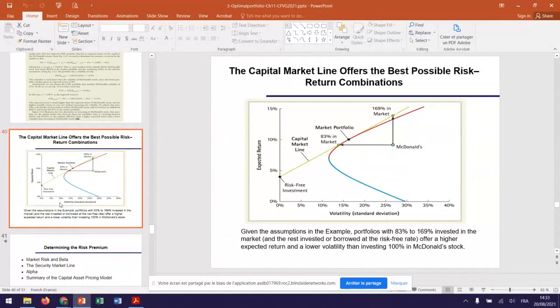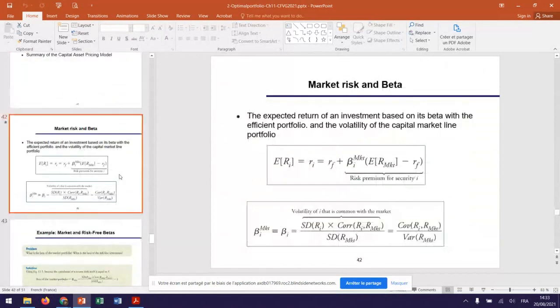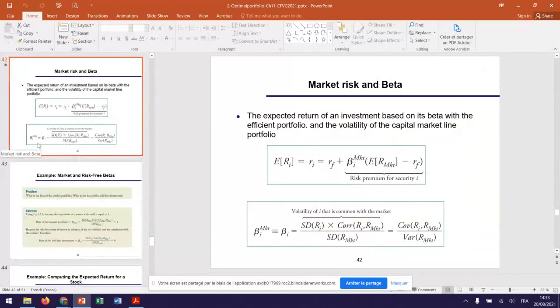So we can measure it in the form of market risk, the beta, where the beta is equal to the covariance of Ri and Rm. It means that it measures the sensitivity of the return of stock i relative to the market. Usually the beta is positive. Either you have a higher degree of market risk or a lower degree of market risk.